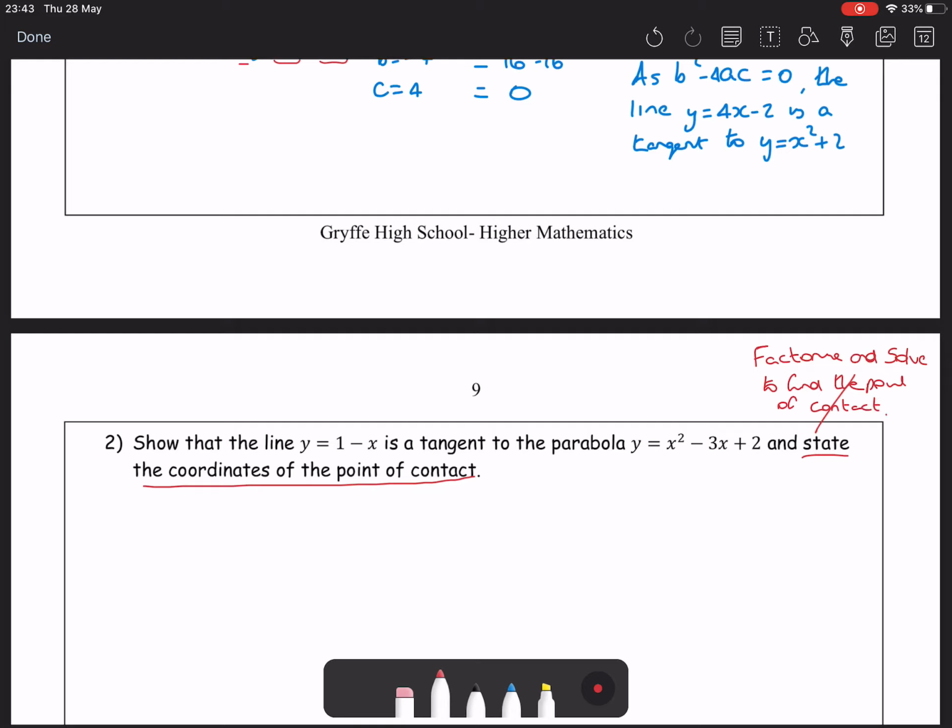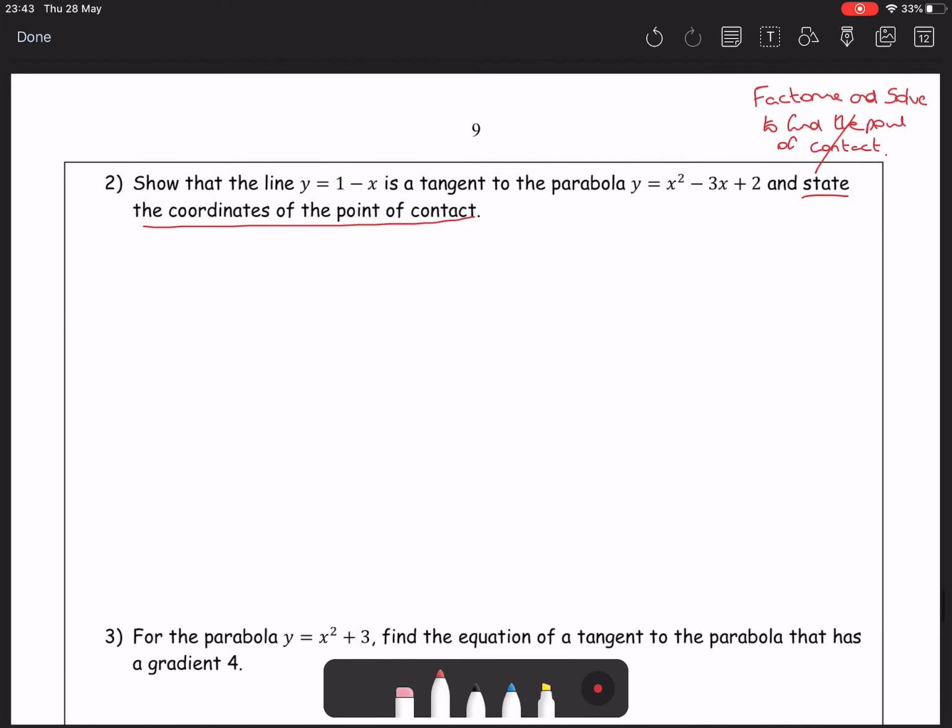Okay, and you can actually factorise and solve to answer the first part as well. So let's have a wee look just using our discriminant first of all.